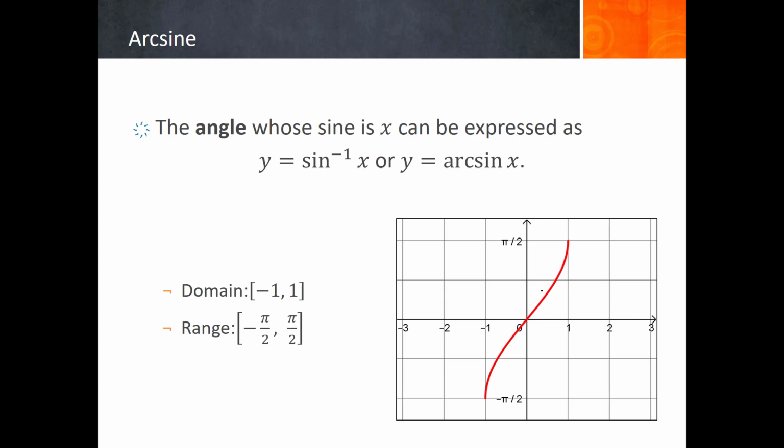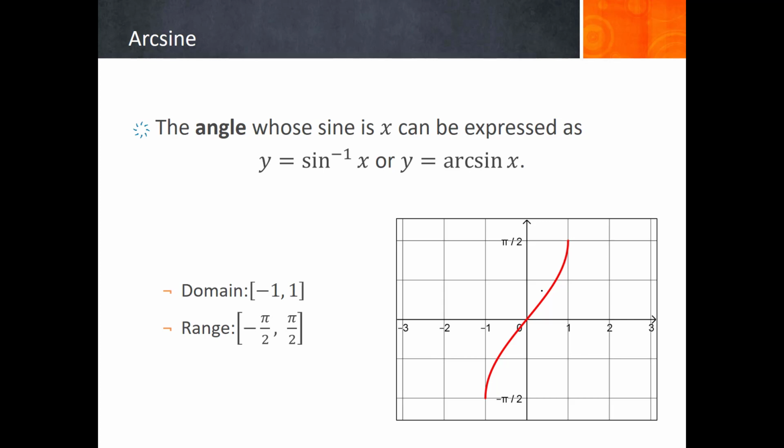Okay, so we're trying to find y, that's the angle. We're trying to find the angle whose sine is x. It's kind of a flipped around notation, but it's the reverse of what we were thinking about sine before. The domain now for your inverse sine function is -1 to 1, and the range is from negative pi over 2 to positive pi over 2.